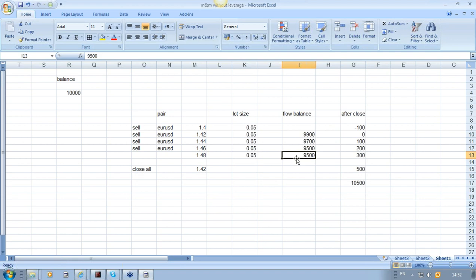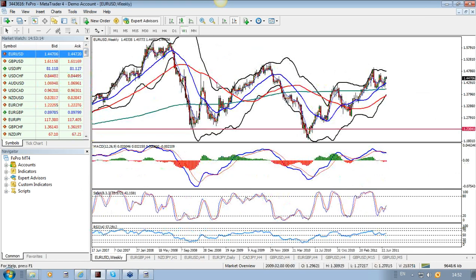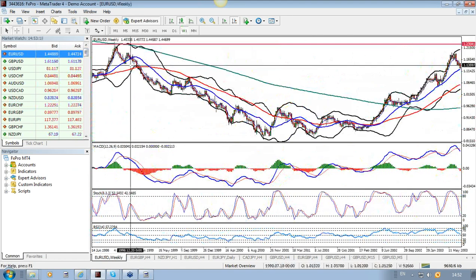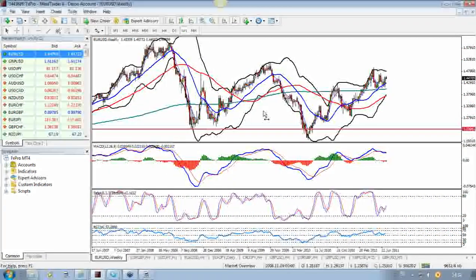The market always moves on circles. You can't find any pair on weekly chart without circles. You just can't. You see? It always moves on circles. Always. Each pair.